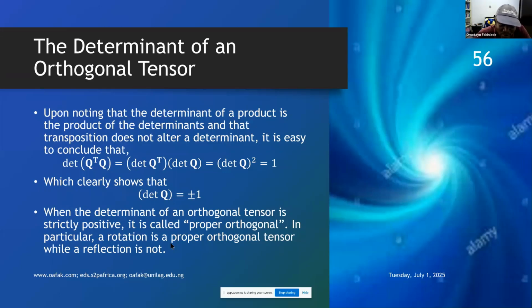If the determinant is -1, it's also an orthogonal tensor. But when the determinant is +1, we call that proper orthogonal. When it is not 1, we say that it is not proper orthogonal. So, for example, a rotation is proper orthogonal. A reflection is not proper orthogonal.